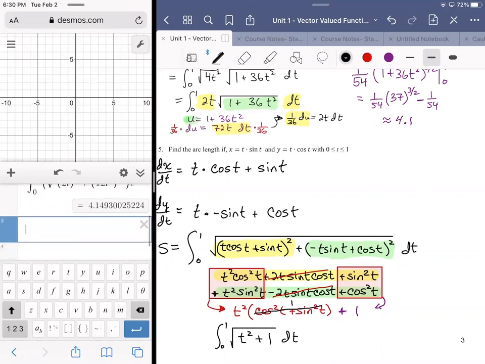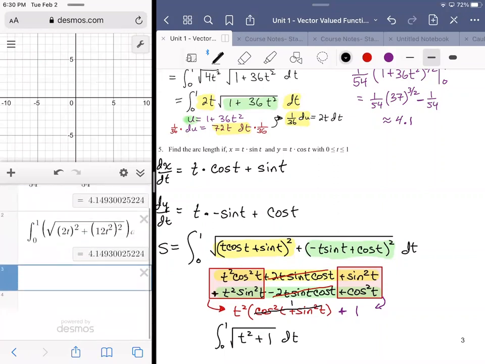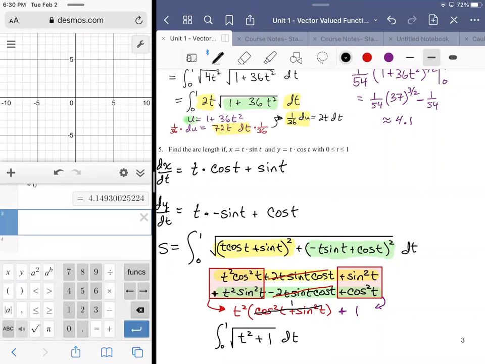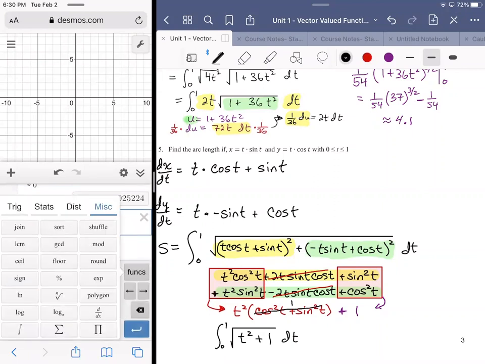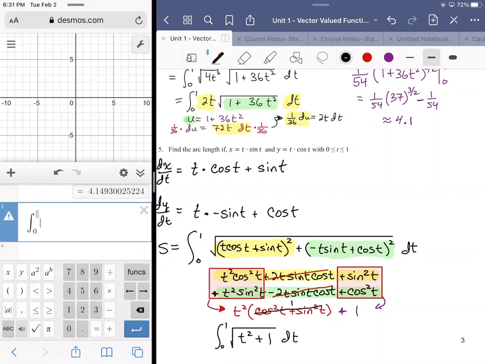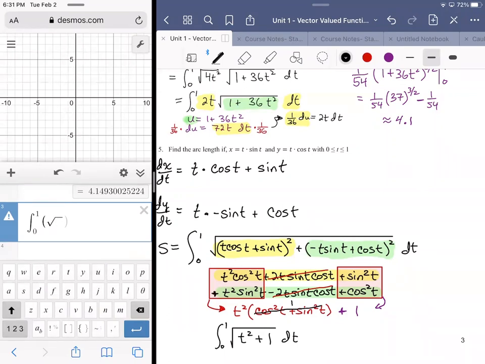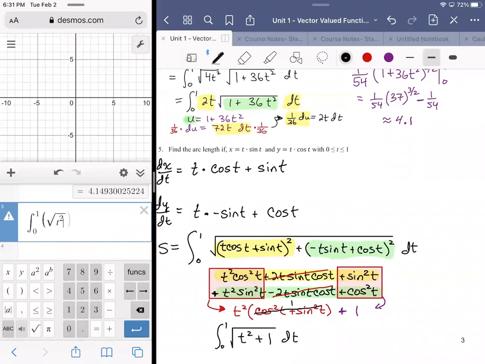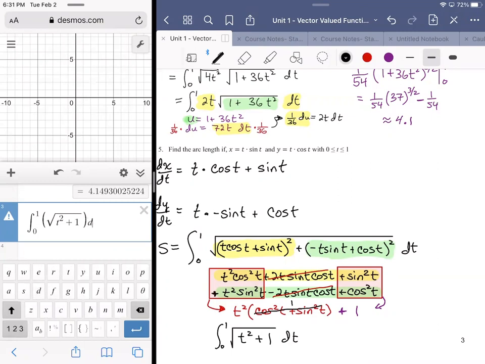So we could pop that in as opposed to that nasty expression that we started with. I mean, you may be starting to get a handle on my personality enough to know that I'm about to type in that big nasty expression anyway. But it's definitely worth it to simplify in this case.